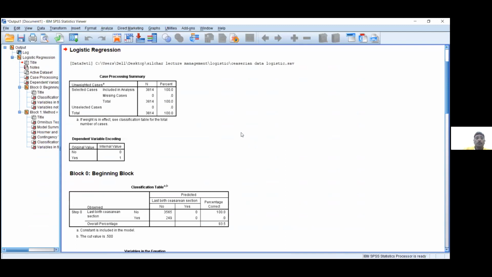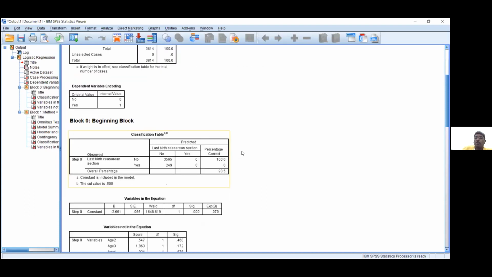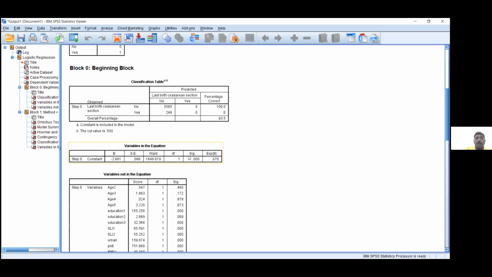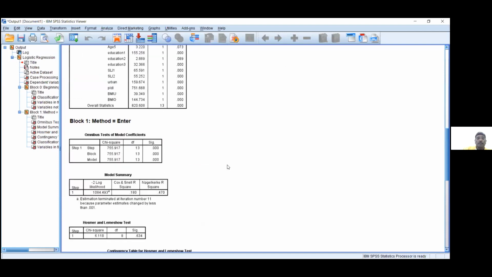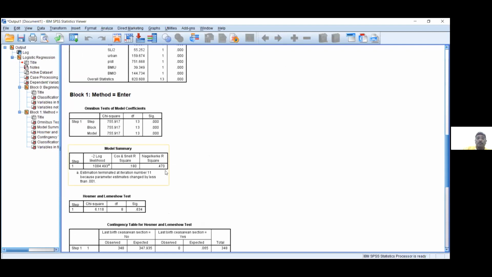Yes, sir, visible. Okay, so the first table provides some summary, not required to report. Second, this table is not required to report. Block variable, no need. The variables in the equation are not required. This summary is also not required. This is the model summary, and this is required. It tells the minus 2 log likelihood. This should be more; if it is not, your model is not good. But how much more, nobody knows.